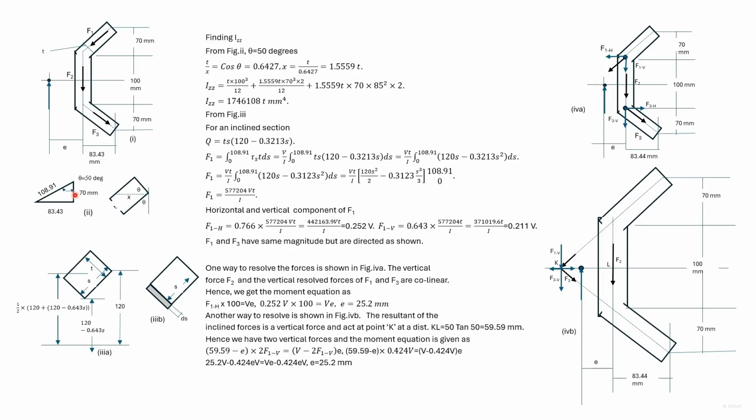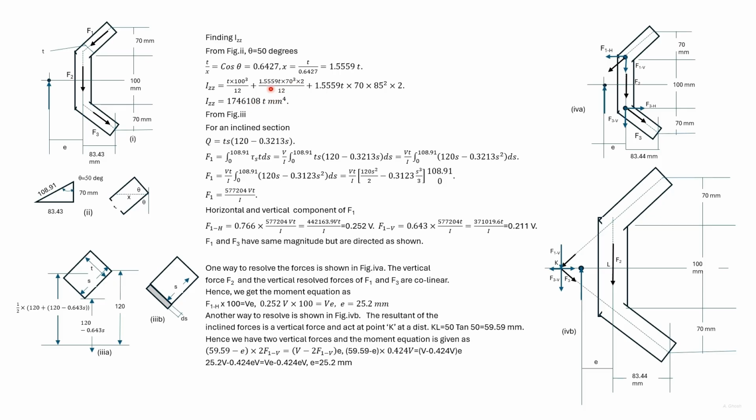Theta here is 50 degrees, and we can find x in terms of P. P divided by x is cos theta, and we find x. We find the moment of inertia of the whole section. This is the moment of inertia of the vertical portion.